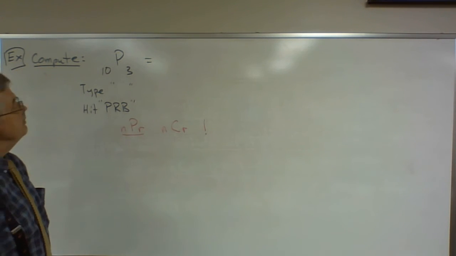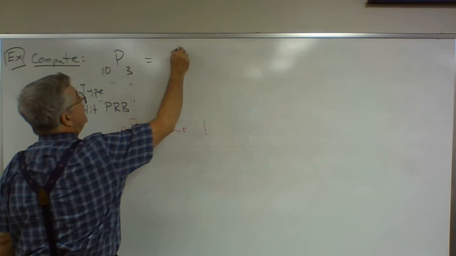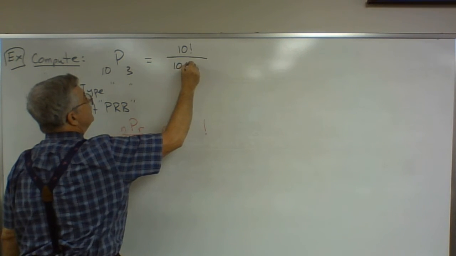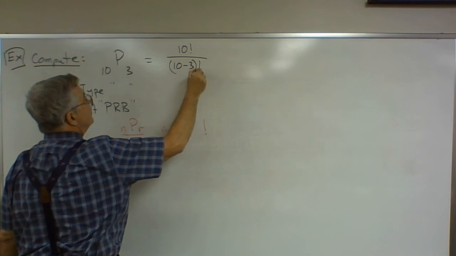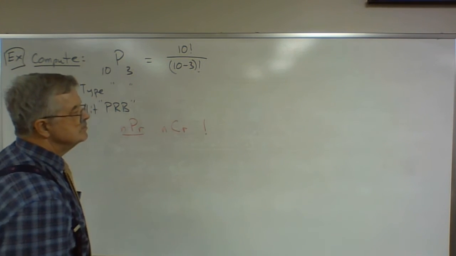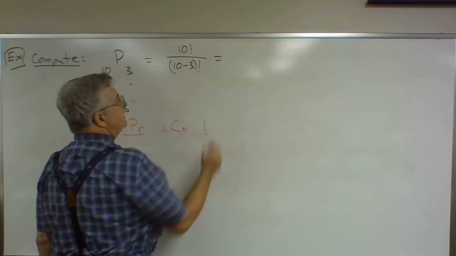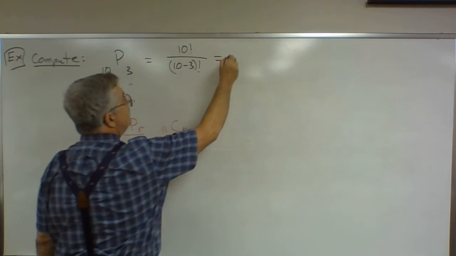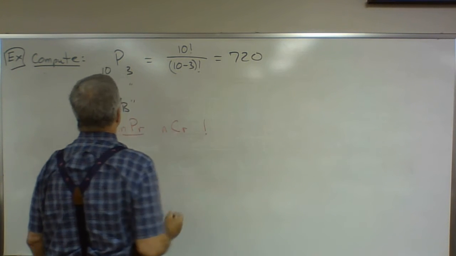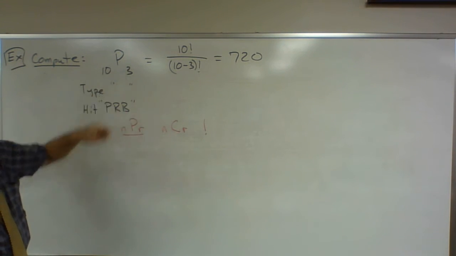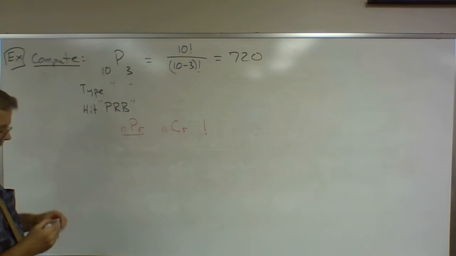And if we're doing this in factorials, we're going to have 10 factorial over 10 minus 3 factorial. And when we hit enter, we're going to get 720. But suppose we use the NPR function in our calculators.